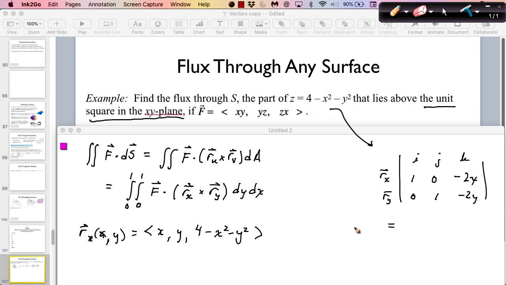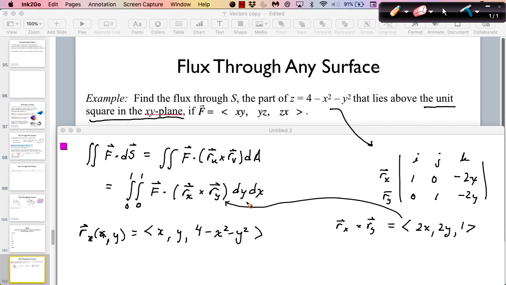So the cross product: the i component is plus 2x, check, make sure I'm right here, j is plus 2y, and k is positive 1. Okay, and so then that's going to go here.